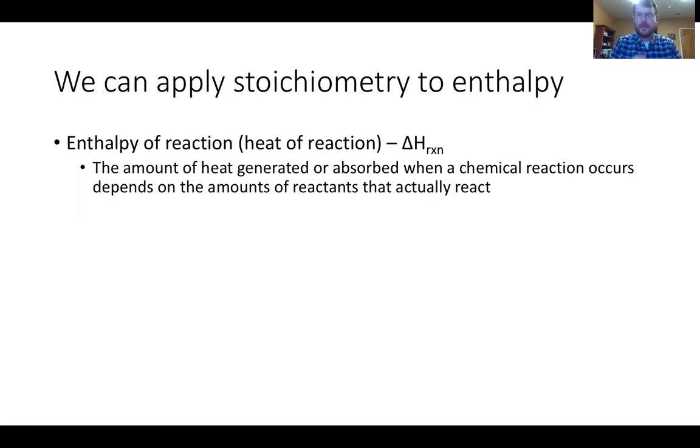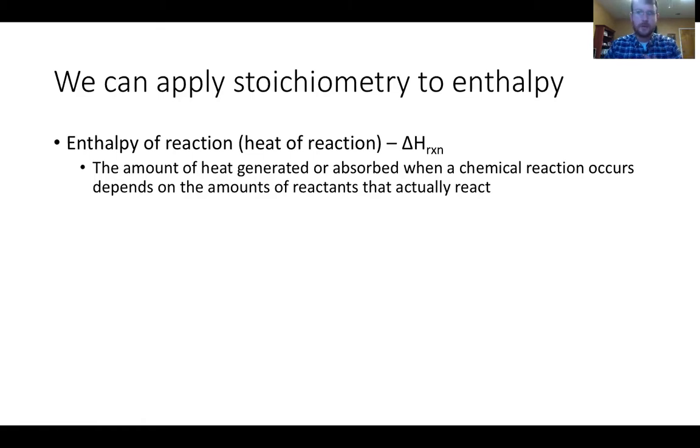Again, these little subscripts are very, very important when we talk about delta H. So delta H of the reaction is the amount of heat generated or absorbed when the chemical reaction occurs, depending on the reactants. We have propane, which is C3H8. When we burn or combust 1 mole of propane, we get negative 2,044 kilojoules of energy.